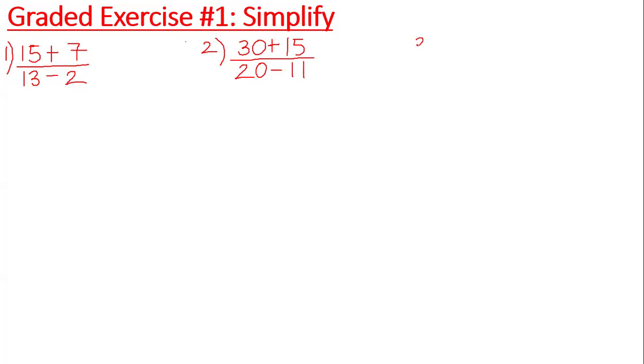Number 3, we have 22 plus 11 all over 19 minus 6.